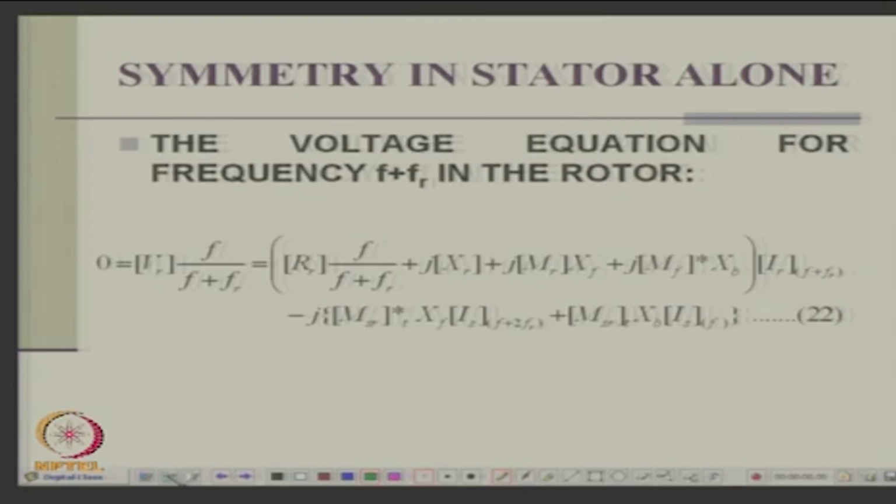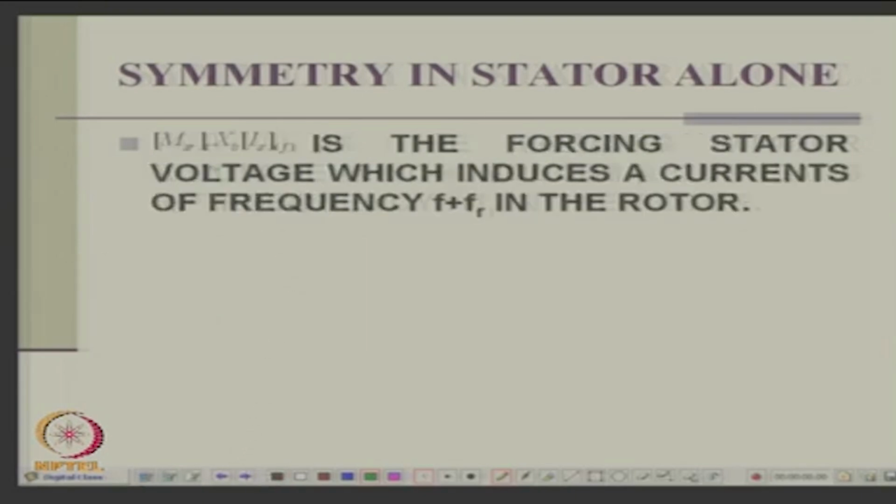Then you have MSR, again it is a simplified equation, it is a substitution of the earlier terms basically. And then you have the rotor equation for frequency f plus fr. And you can show that this term is a forcing stator voltage which induces f plus fr.